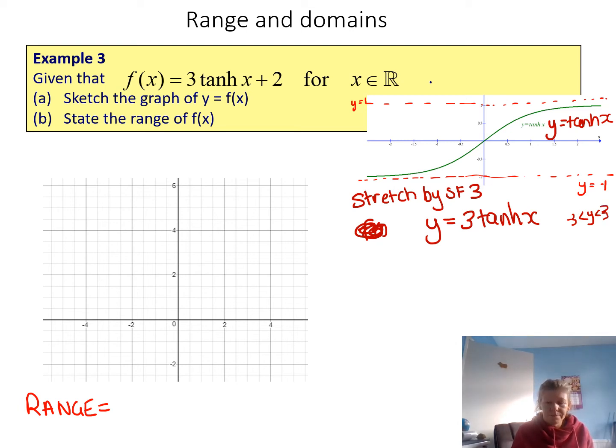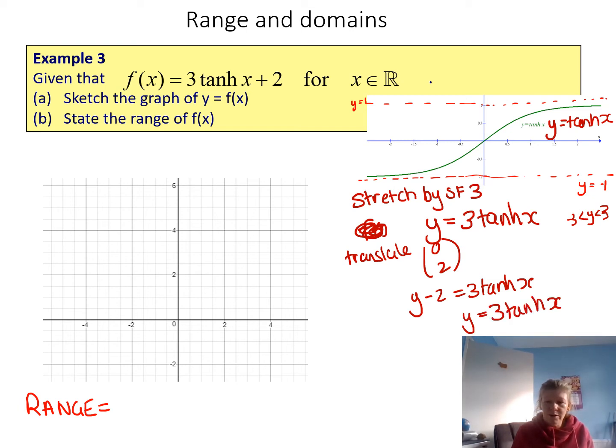And then we've got another y thing, haven't we? So then we're on add 2. So that's basically translate by 2, because what you would do is you replace the y with y take 2, and then we take the 2 over, it looks like what we want.